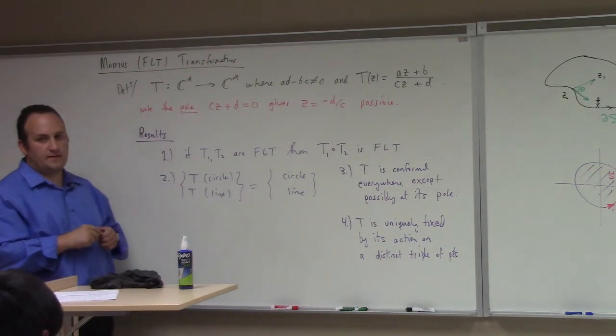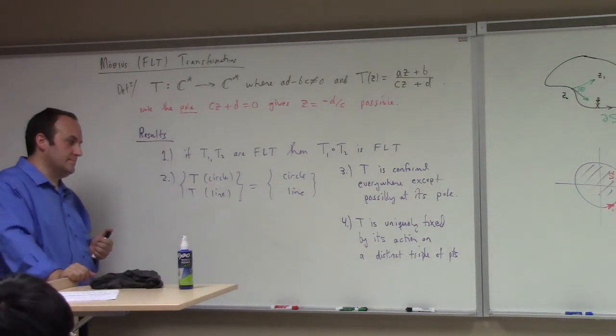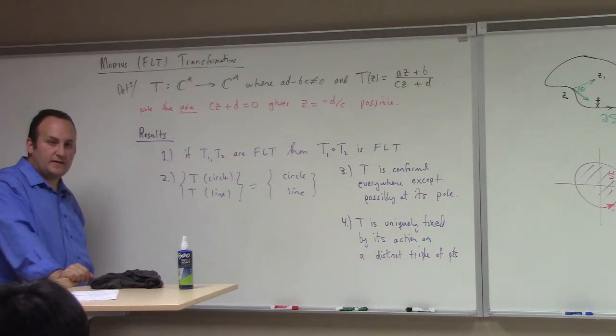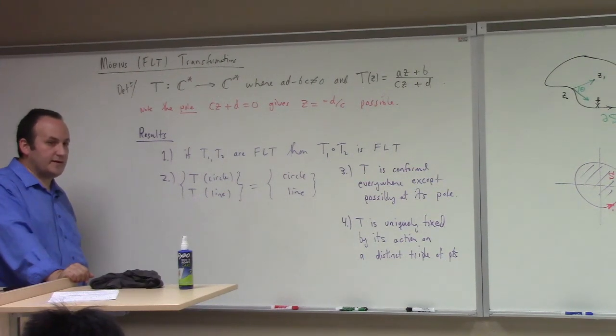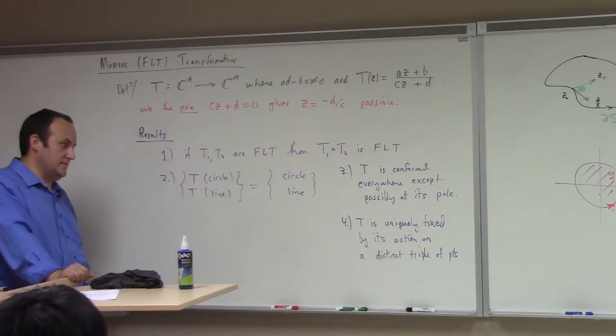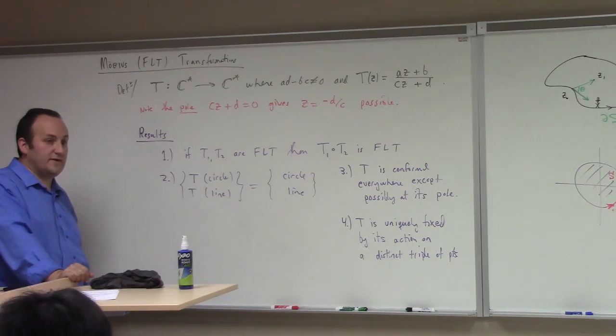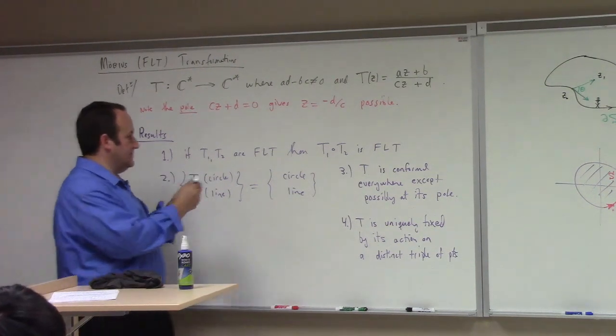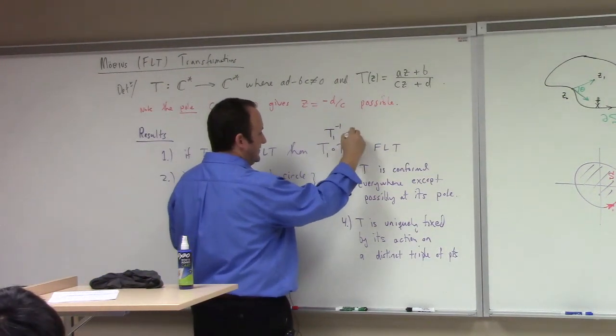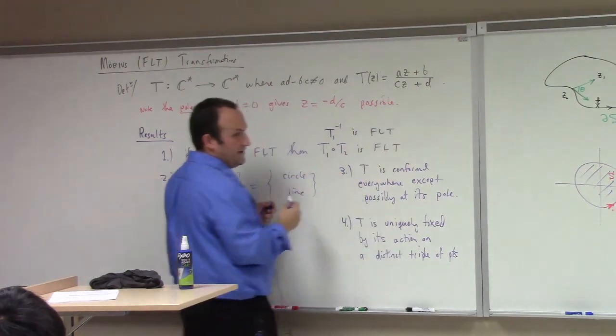We gave an explicit argument to prove that if you fix 3 points on a fractional linear transformation, then it uniquely describes the transformation. We proved that if we had 2 of them and we look at the composite of one with the inverse of the other, then we have a fractional linear transformation because of part 1. Also, T inverse is also an FLT.